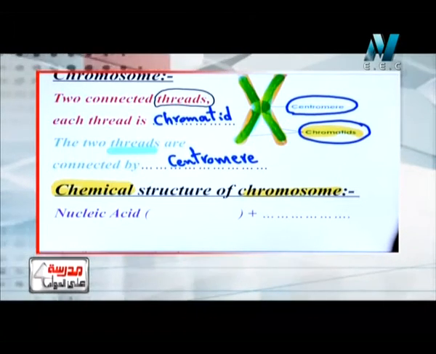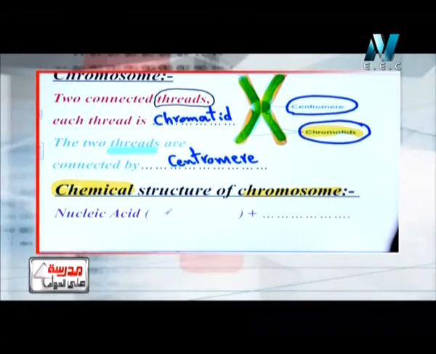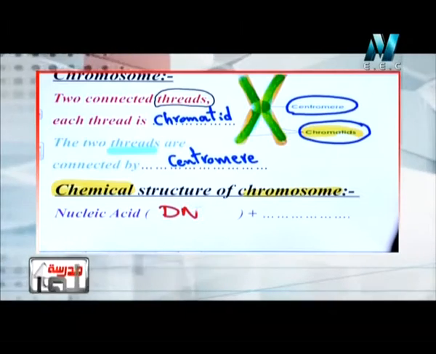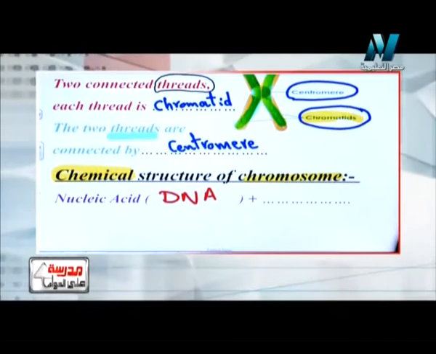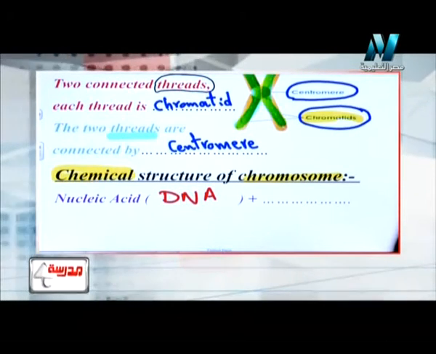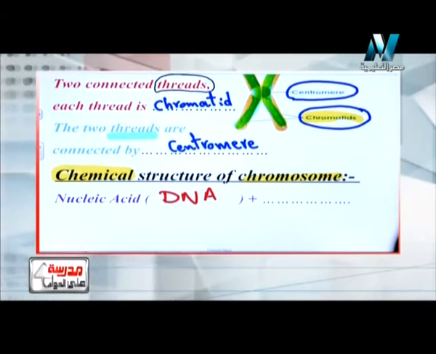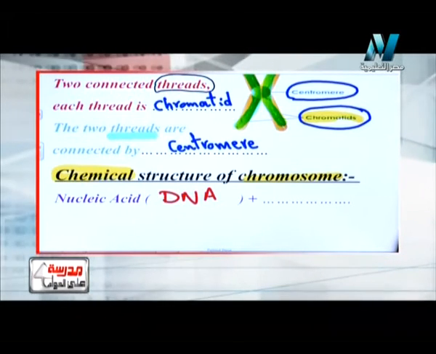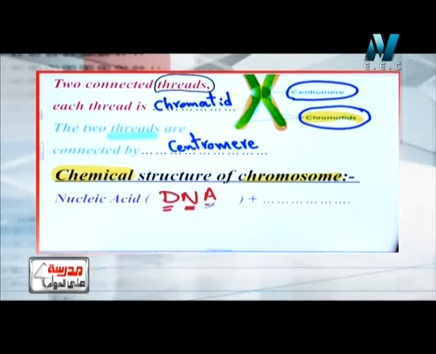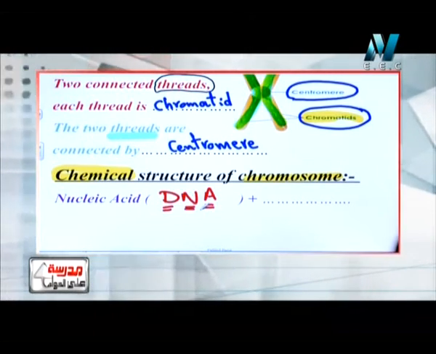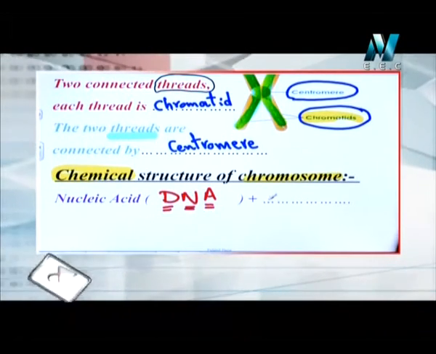This nucleic acid is called DNA, and the meaning of DNA is deoxyribonucleic acid. We will study it in detail in the first secondary year in biology. DNA, deoxyribose nucleic acid, plus protein.